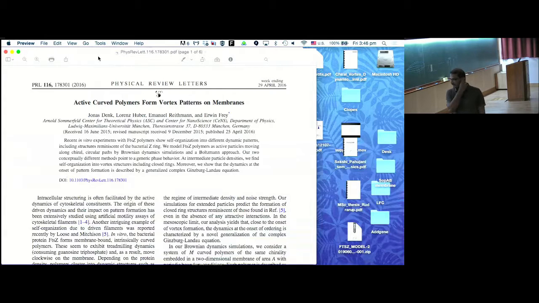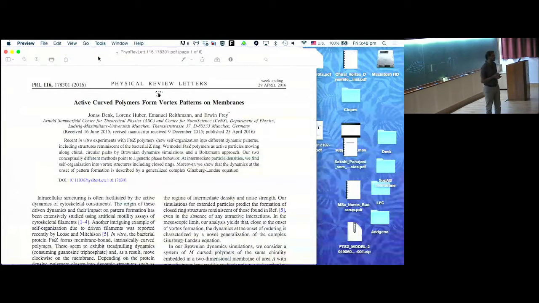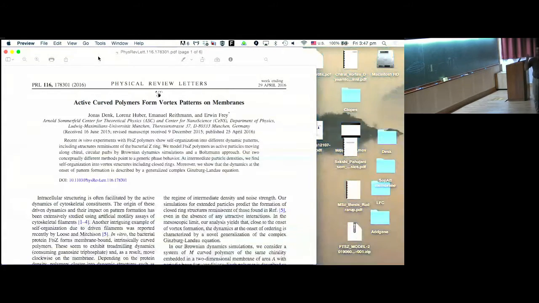The focus is not so much on the constriction force, but rather on the likelihood of ring formation when you have a set of FtsZ monomers which can hydrolyze, and which are now treated as active particles because each filament also has a treadmilling property. So you have a collection of such small filaments in the system.